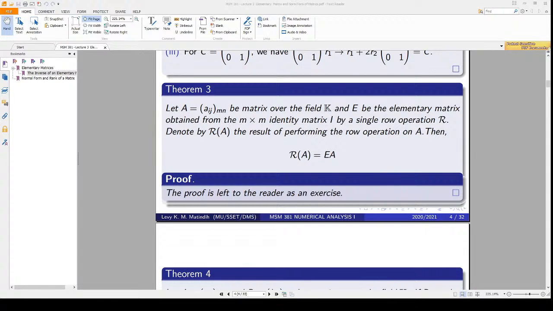We are going to look at matrix A to be just an ordinary matrix.